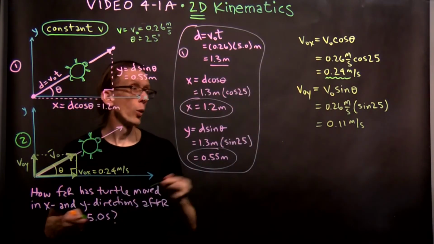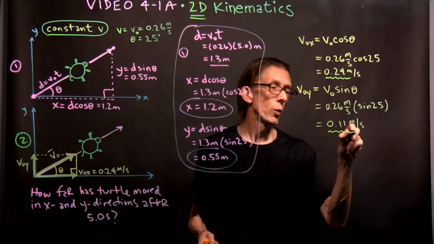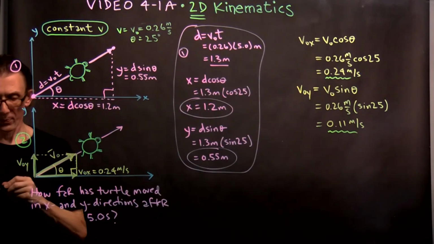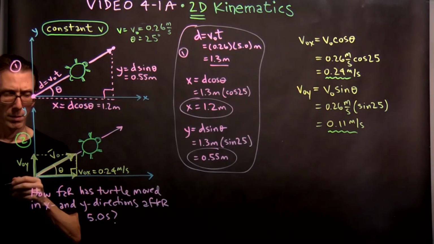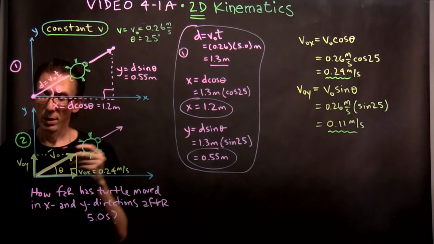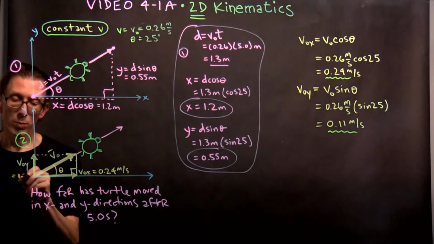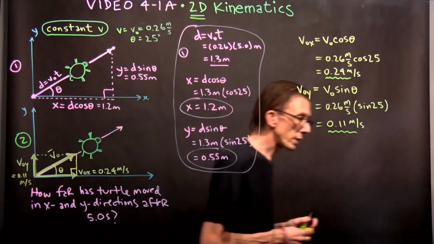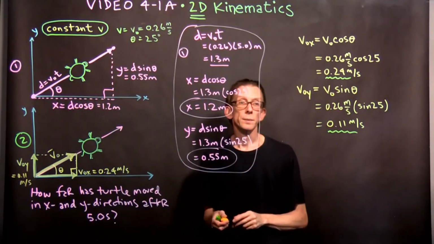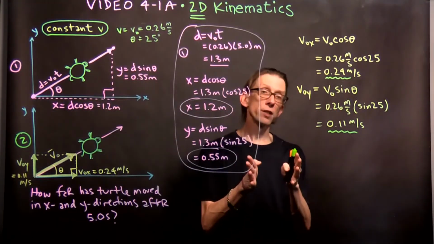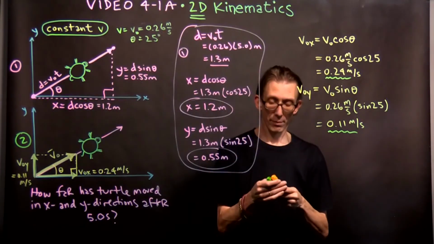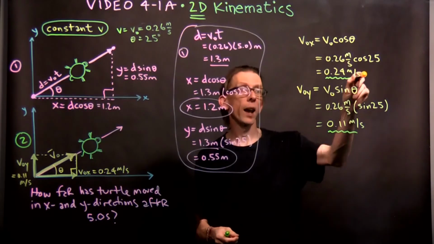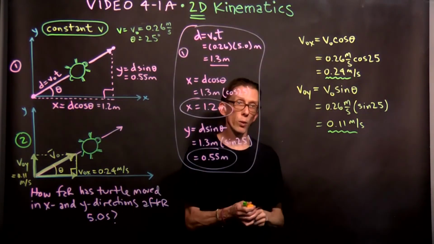The turtle's y-coordinate is increasing at 0.11 meters per second. V naught y equals 0.11 meters per second. That's really small, I know, but it's there. So now we know how fast the turtle is moving in both directions: y-coordinate increasing 0.11 meters per second, x-coordinate increasing 0.24 meters per second.